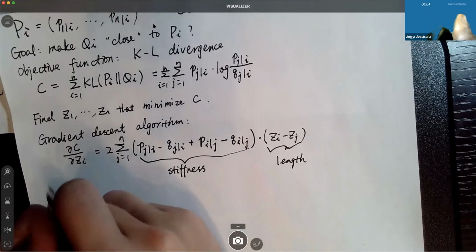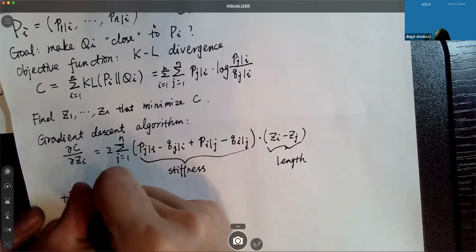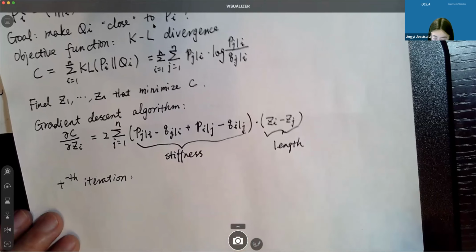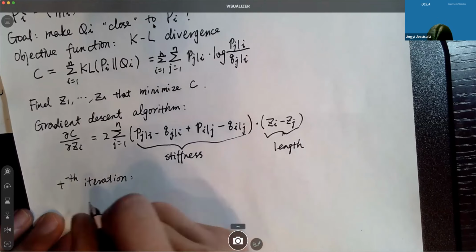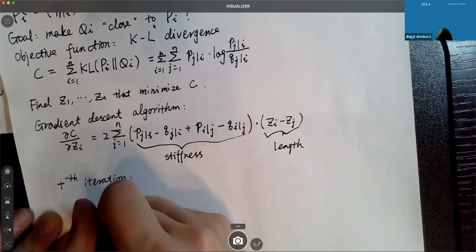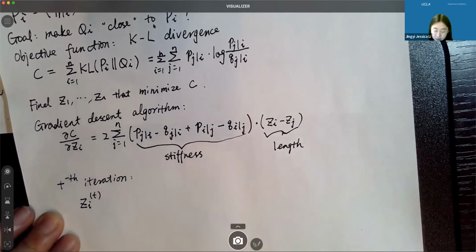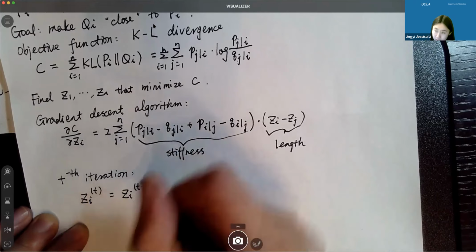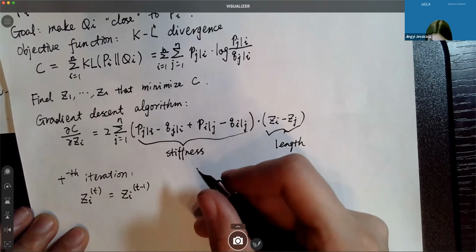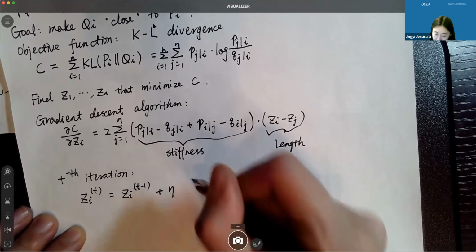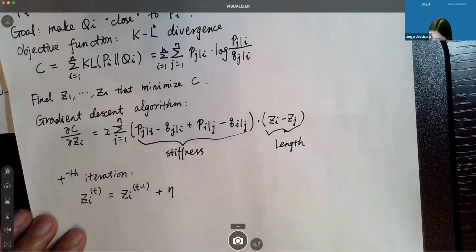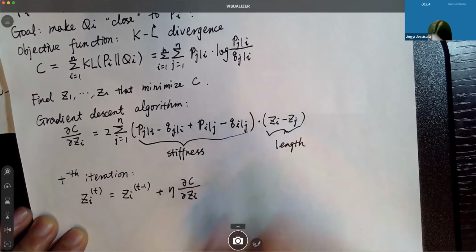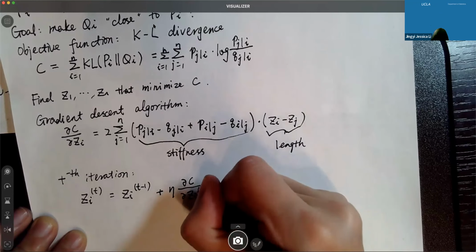So in the tth iteration, you update zi(t), the tth iteration value, based on the previous iteration value, going by a step size eta, which is a fixed parameter you set, in the gradient direction given the current value.